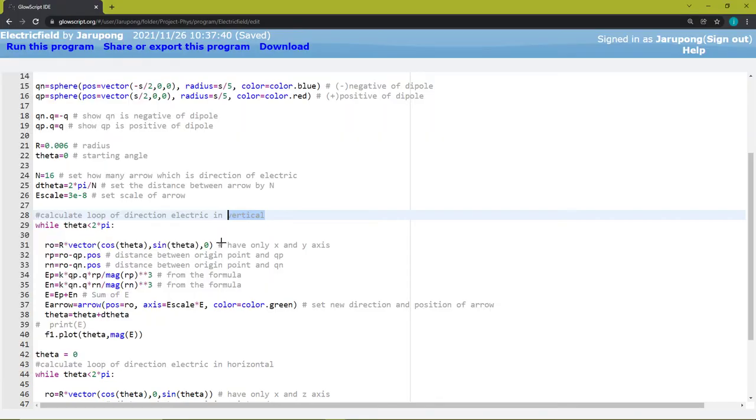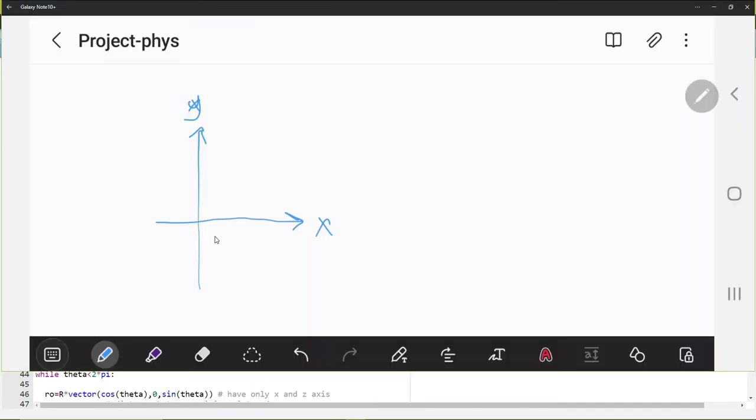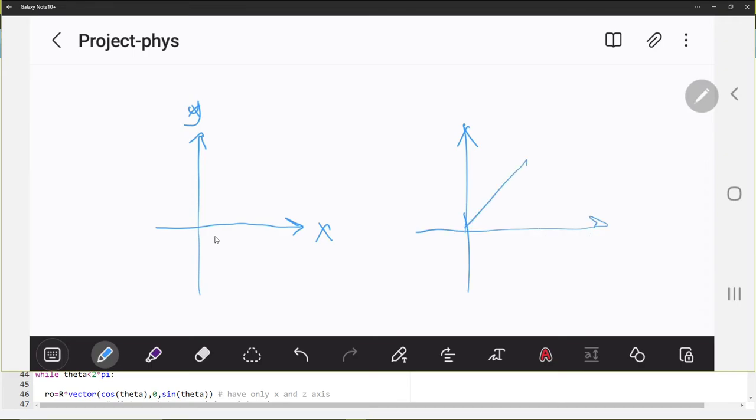In vertical you have to set x and y. And if you want to show in horizontal, you don't need the y-axis, you need x and z, because it will go like this. This is vertical, it is like this.